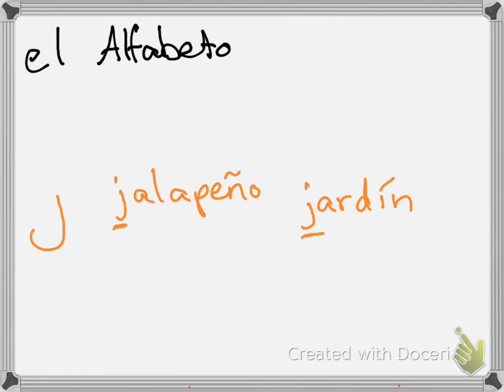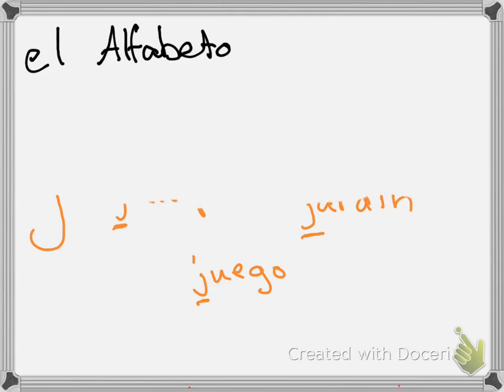Jardín, which is a yard, not so much a garden. O otro ejemplo es juego. It's not a strong j, it's more of a soft. So that is jota. Okay?